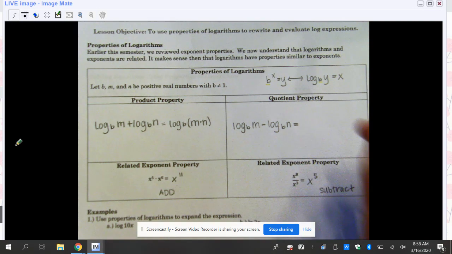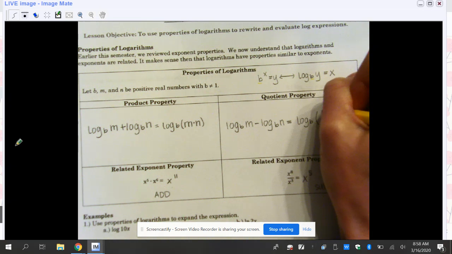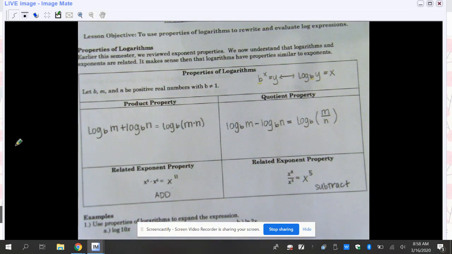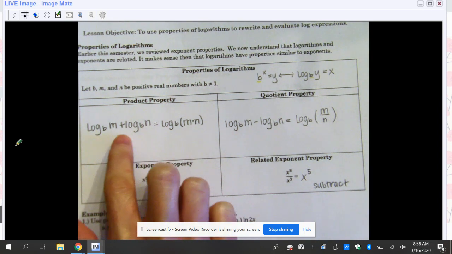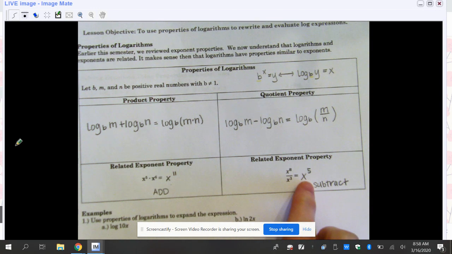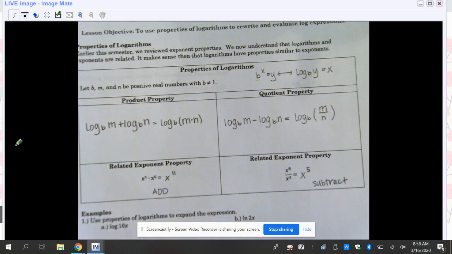I'm going in the opposite direction: log base b of m over n. Again, just to show you, opposite: multiplying to adding, adding to multiplying, dividing to subtraction, subtraction to dividing. Everything is inverted.